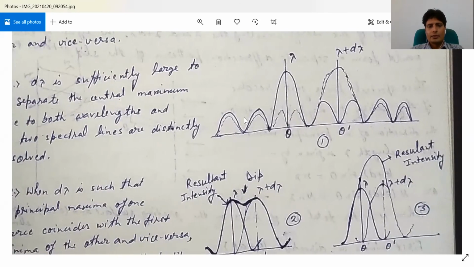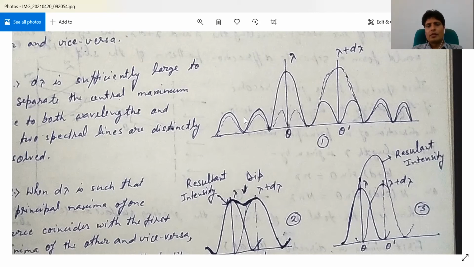If we go to figure number two, when d lambda is such that the principal maximum of one source coincides with the first minimum of the other and vice versa, then the curve shows a distinct dip in the middle, having the limiting value of d lambda.